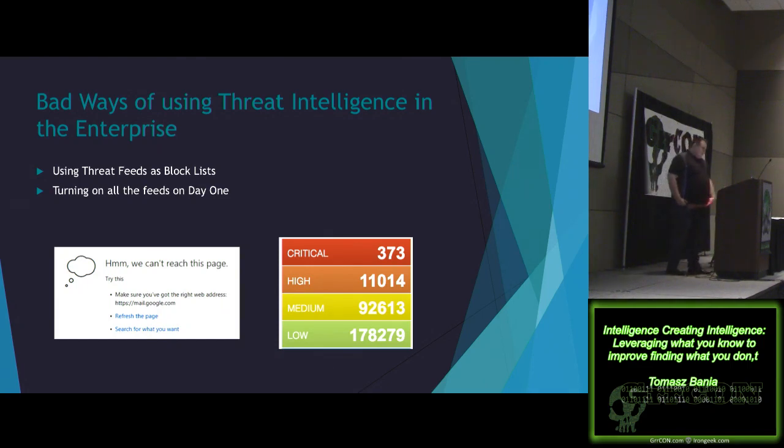And the second thing I've listed here is turning on all the feeds on day one. As with just about everything in security, some organizations really want to just get everything done as quickly as possible and hope for the best on the other end. Another organization, slightly smaller, tried that strategy with one of the block lists on the internet. Now, once again, as I mentioned, using threat feeds as block lists is already a bad idea.